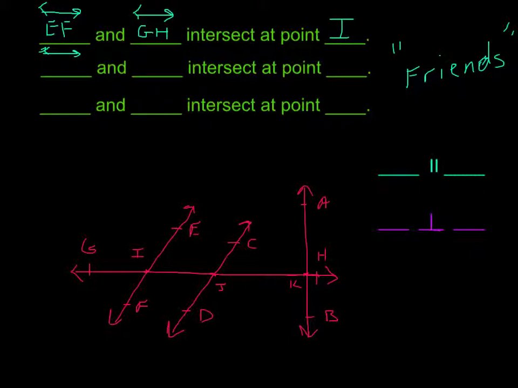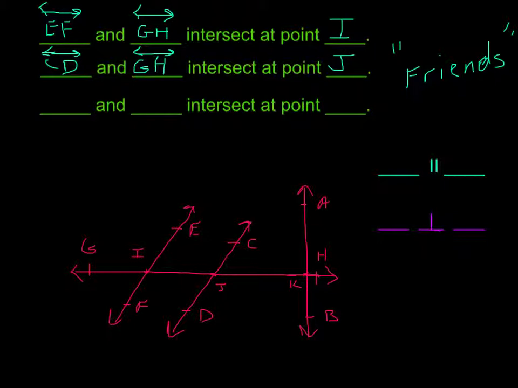It's kind of hard to do arrows with this pen. C and D, and our second line here is once again G and H. So we're going to say G and H intersect at point, and in this case, they intersect at point J.